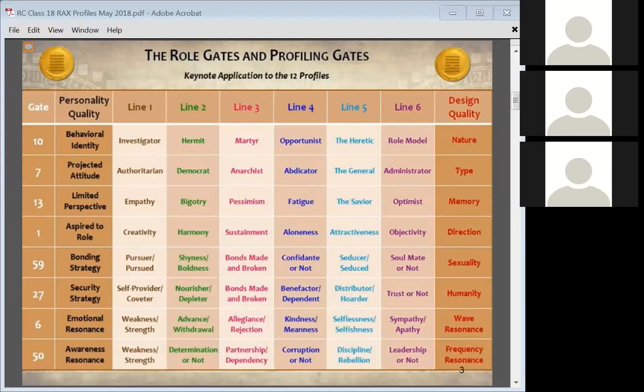When I looked at my perversion, I can't remember what the gate was, but I think it's 58. I was in classes with Ra going through all this, and it may have even come through in one of my readings, and he said no, it just means you have this deep, focused energy on certain things that other people won't really get, why you're so focused on it, putting all your energy into it.